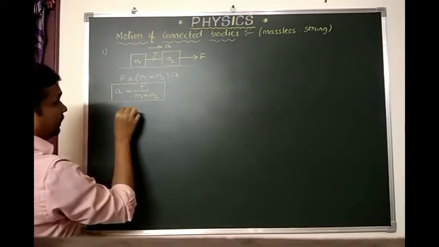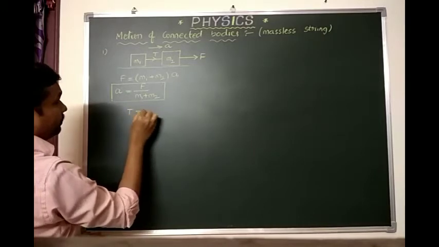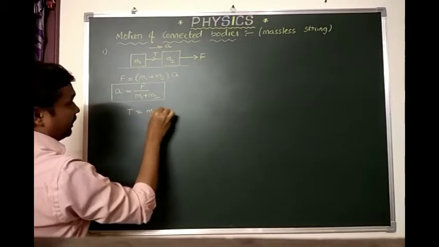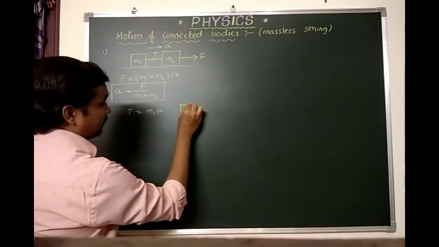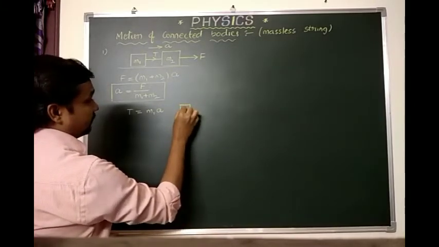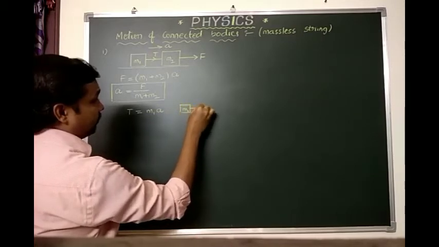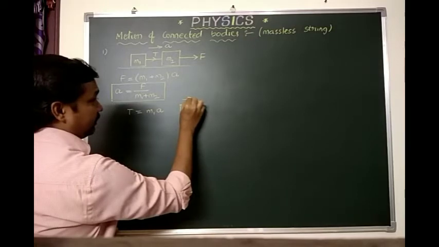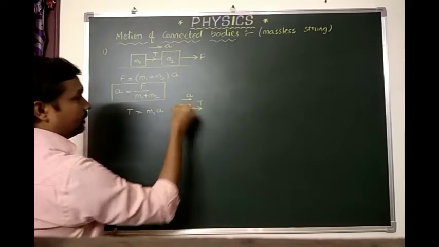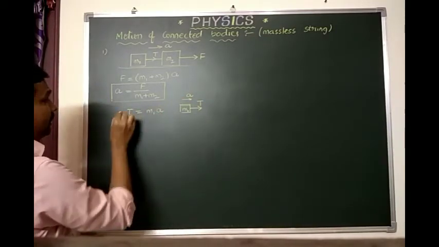So T equals M1A according to the free body diagram. What is the free body diagram? This is M1, only one force is exerting, that is tension, with an acceleration A in the forward direction. So T equals M1A.